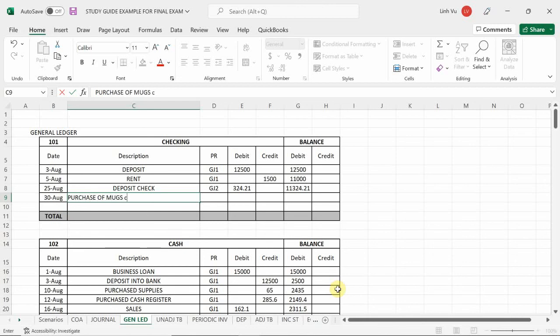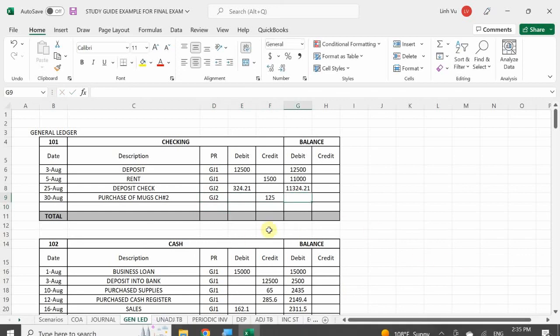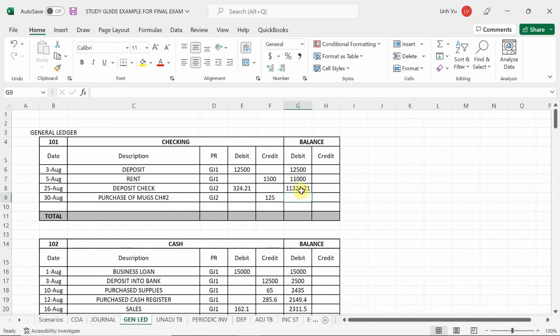I didn't use a check number, so I'll use check number 2 now. Still on General Journal page 2, and we paid $125. So how much money should I have in my checking account? $199.21.